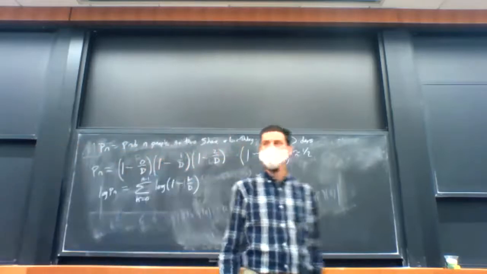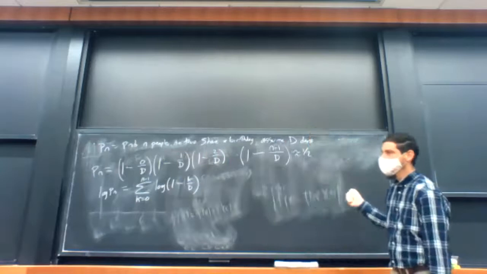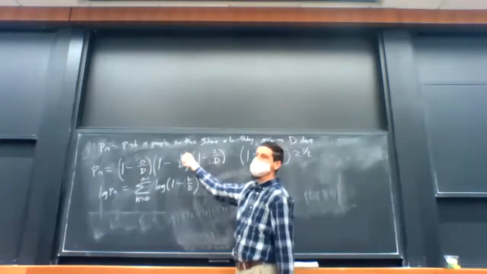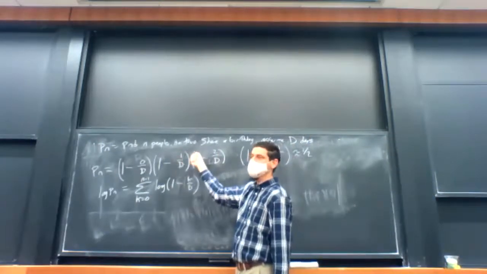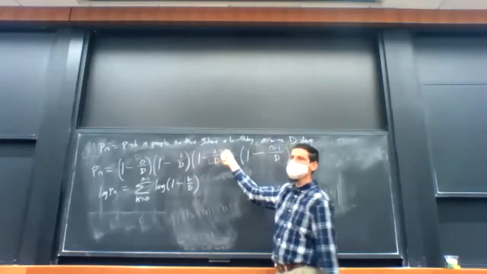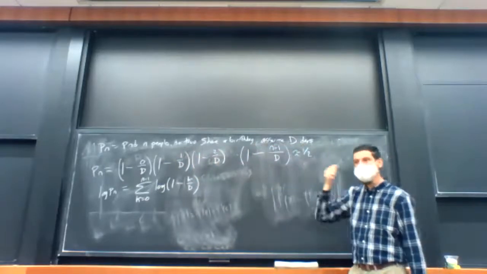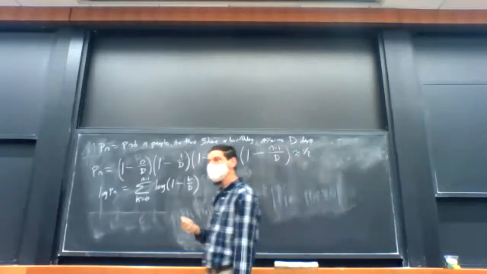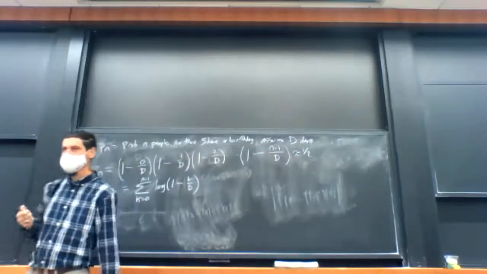If you wanted to try to multiply this out with D equals 365, you would have 1 times 364 over 365 times 363 over 365 times 362 over 365, and you would keep multiplying like that until you got to a half.